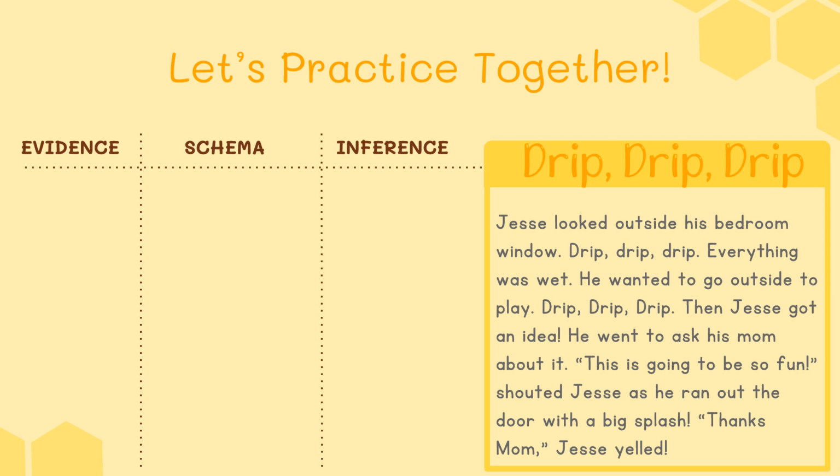Okay. I made the inference while I was reading that it's raining out. Can you look back in our paragraph and find some evidence that would make me think that it's raining?